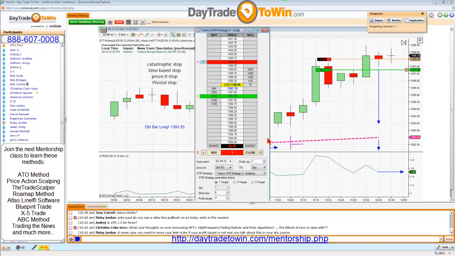And so I definitely recommend that once you put a profit target in, you keep it there unless this value here changes.